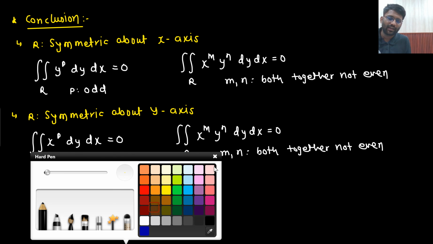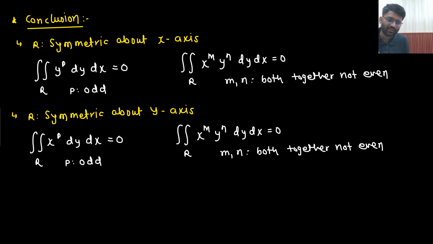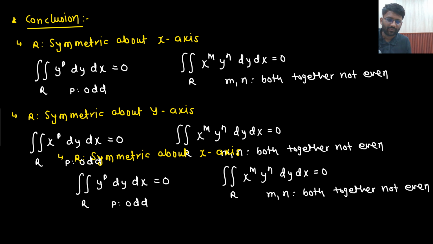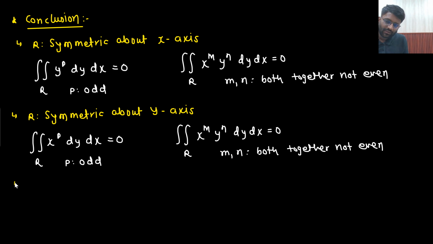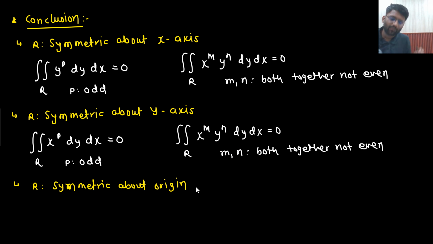And if R is symmetric about the origin, so can I copy the same? If R is symmetric about the origin, then what will be the scenario?